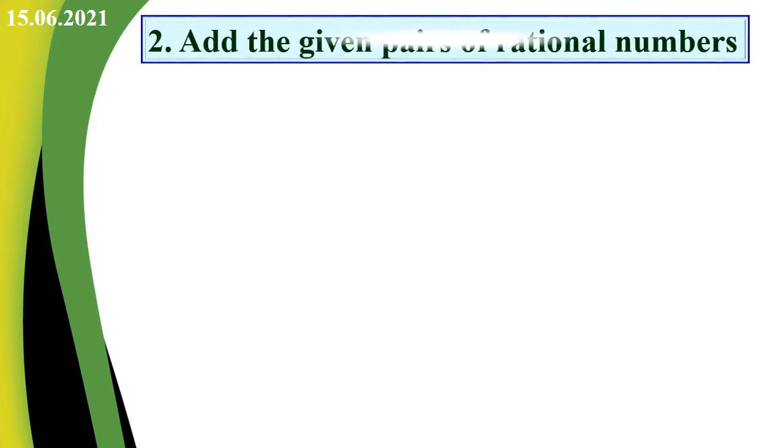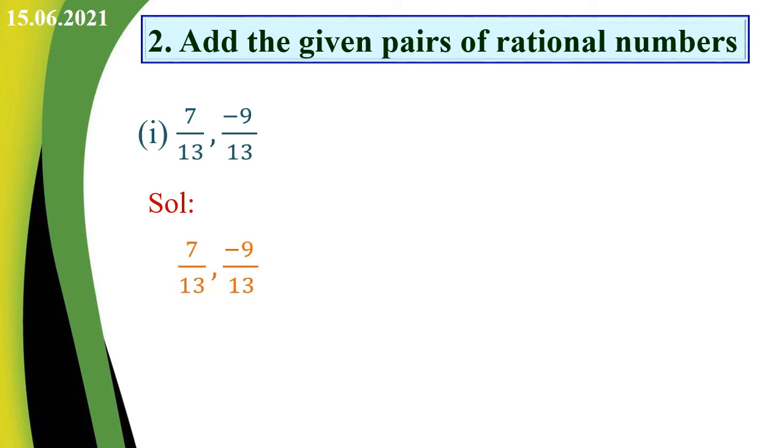Let's see, add the given pairs of rational numbers. The first one, 7 by 13, minus 9 by 13. Here a pair is given. Let us find the solution. 7 by 13 comma minus 9 by 13, which is equal to 7 by 13 plus minus 9 by 13. Plus into minus is minus.